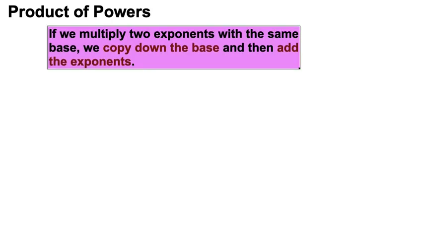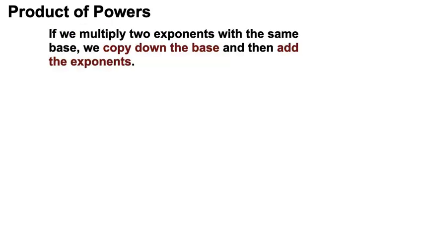Now, let's look at the product of powers rule. Now, this is an interesting one. If we multiply two exponents with the same base, we're going to copy down that base and then add the exponents. I have my students write these rules down as we're going.